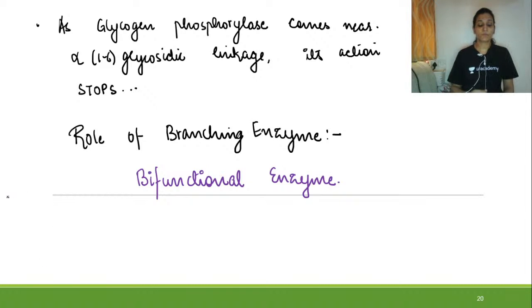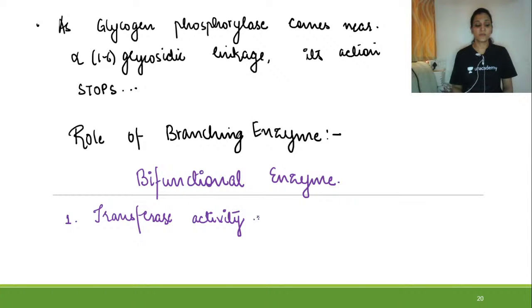Bifunctional enzyme means it is performing two activities. So the first activity is transferase activity. It transfers the trisaccharide unit from the branching point to the linear molecule, right?